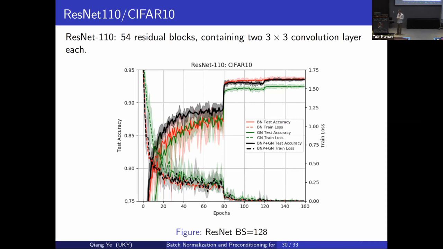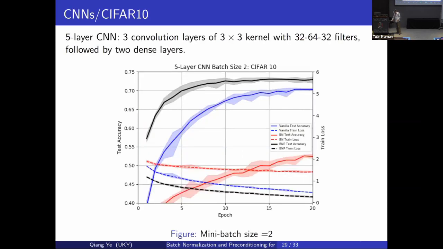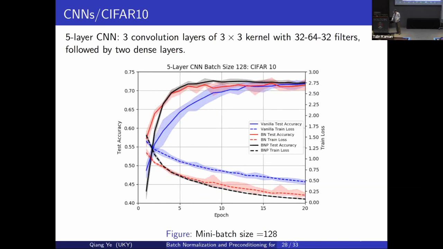For some curves the accuracy starts high and then goes down. Oh, here it goes down: overfitting. Yeah, it's overfitting. The left axis is the accuracy, the right axis is the loss. The solid lines are test accuracy.